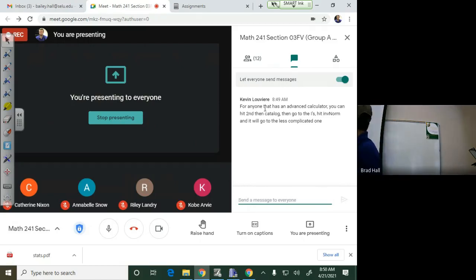Well, maybe Kevin's advice might be helpful. Second in catalog, yeah, you can't always do that. It just takes forever scrolling to it, but you can do it. Or you can follow the advice. Oh, there's two inverse norms here.